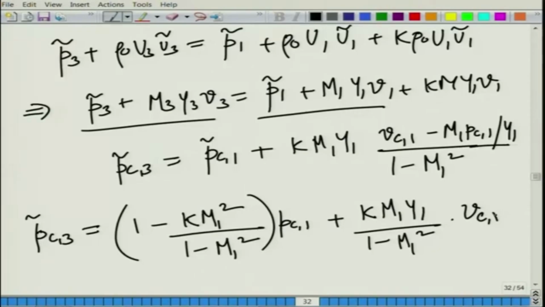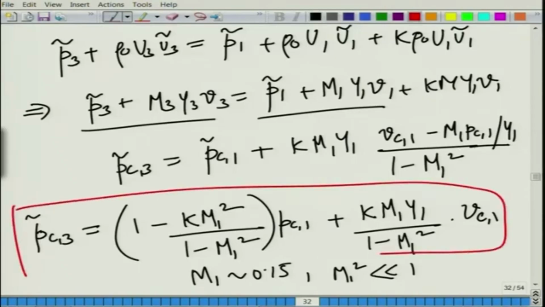Now, like I said, for all practical purposes M 1 is approximately 0.15. So, M 1 square is much less than 1, and so it can be neglected with respect to unity or with other terms which are of first order. What does it really mean? It means that here we have quadratic terms in this equation. Can we neglect this?